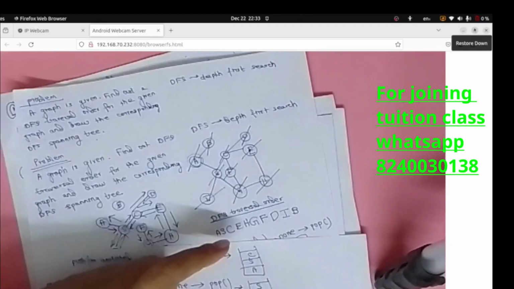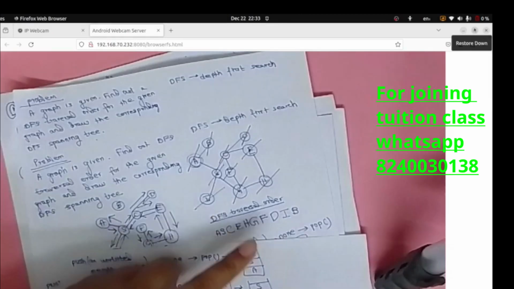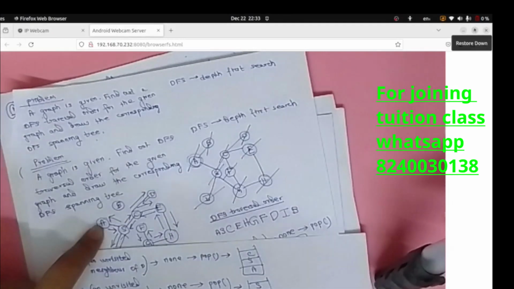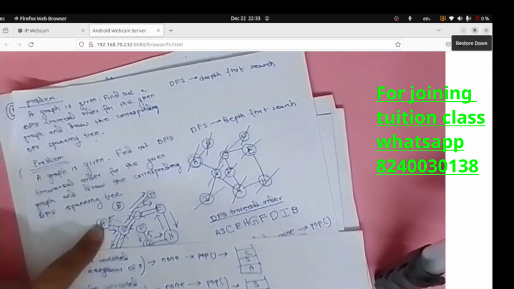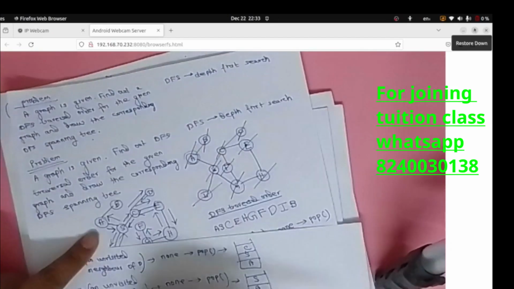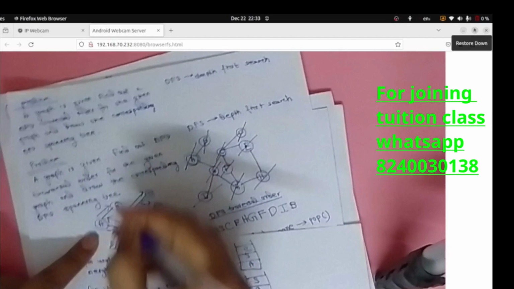As it is a push operation from current vertex A to B, in this first spanning tree there will be a forward movement. That means we are going to traverse a new vertex from the current vertex. So we connect this edge AB, and there is a forward movement from A to B.